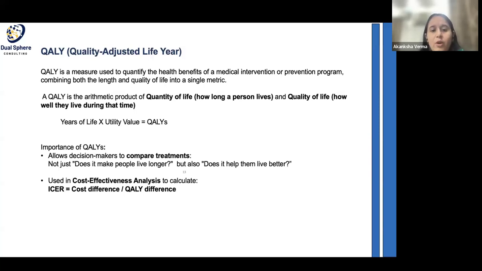Why is it important to know? It allows decision makers to compare treatments, because as we have seen in our previous sessions, we want to compare different interventions, seeing how much quality they are bringing with the treatment.